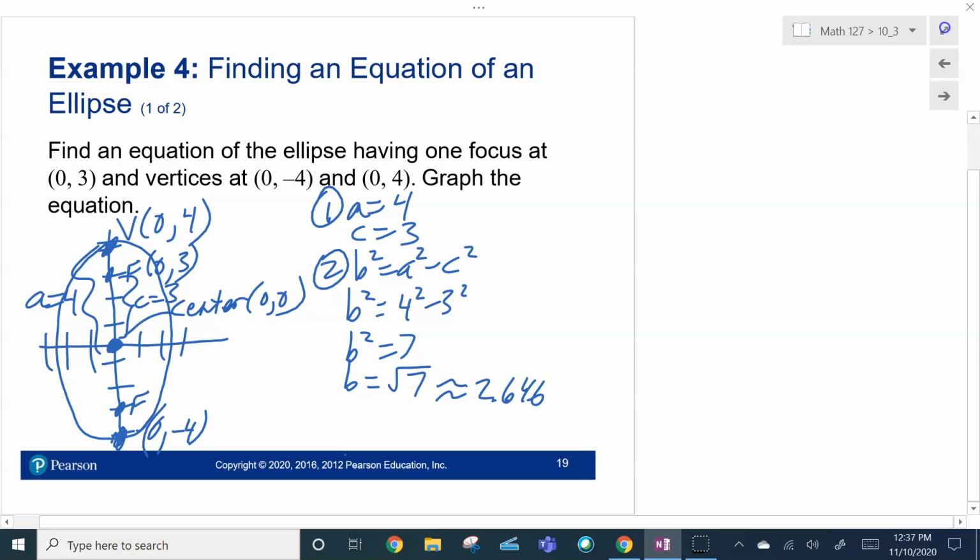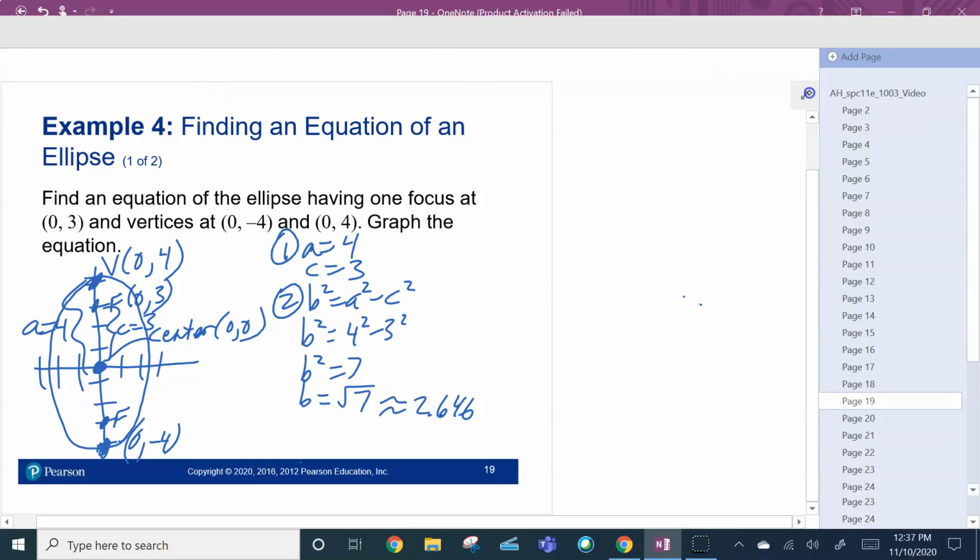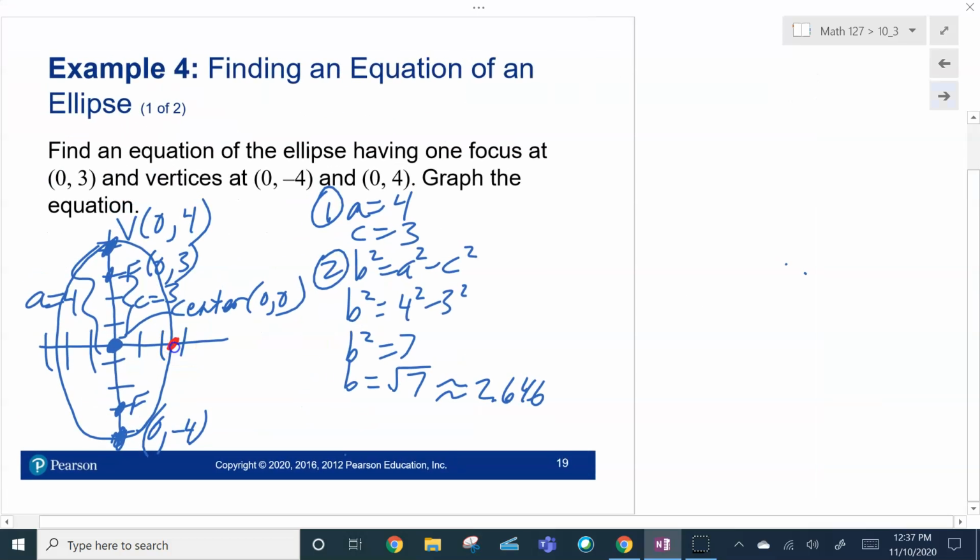So, you know what, I did draw that pretty good right there. There we go. It froze on me for a second. So there's our b distance.